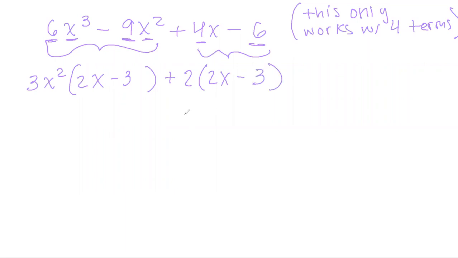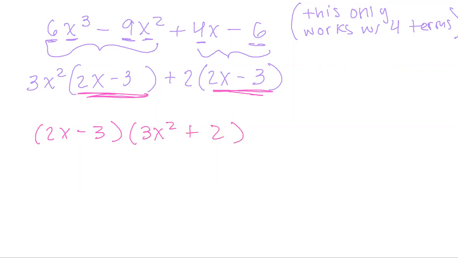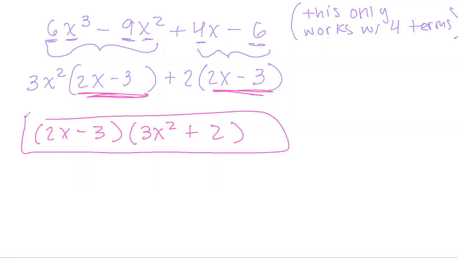And you know you did this right because you have the same thing in the parentheses. That's exactly what we want. If you get something different, that means something might have gone wrong. So make sure that these two end up being the same. So I'll write that first, 2x minus 3, and then 3x squared plus 2. So that's my answer here.